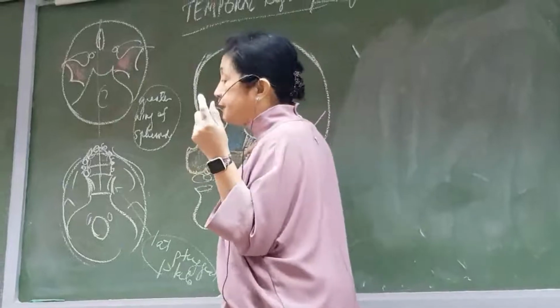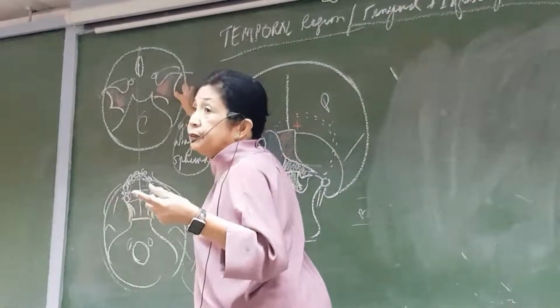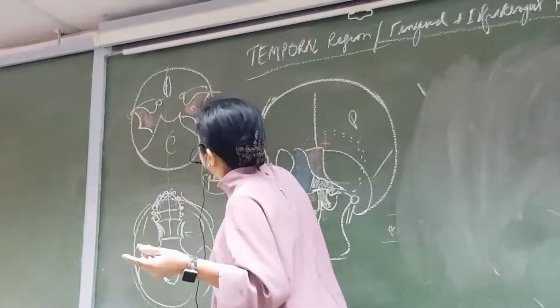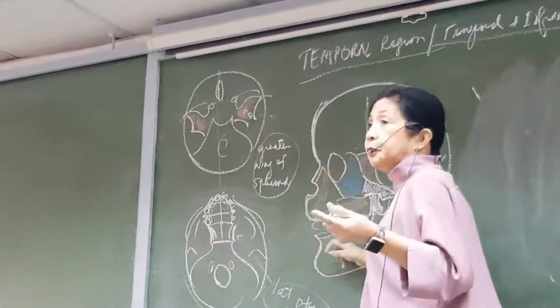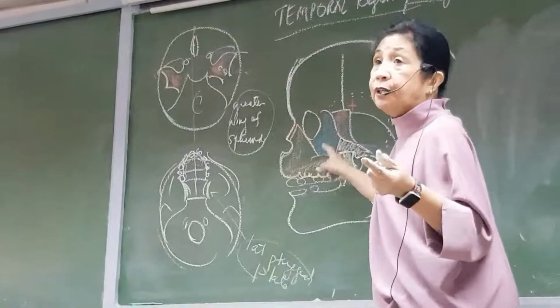But when you see this at the floor of the cranial fossa, this is the greater wing of the sphenoid. And it has openings: rotundum, ovale, and spinosum, right? And this is the greater wing of sphenoid here.